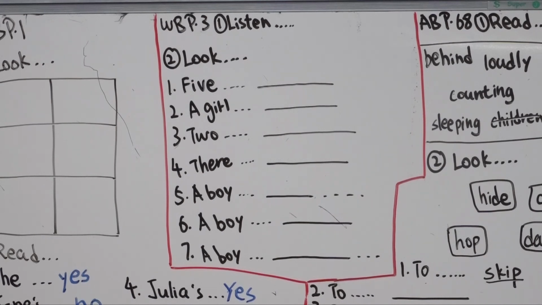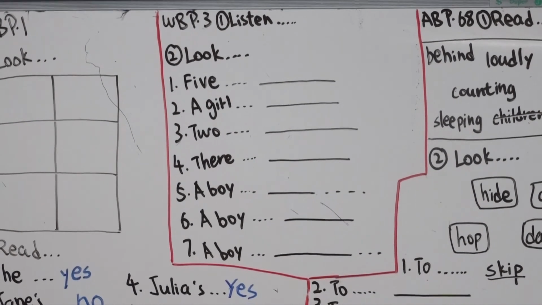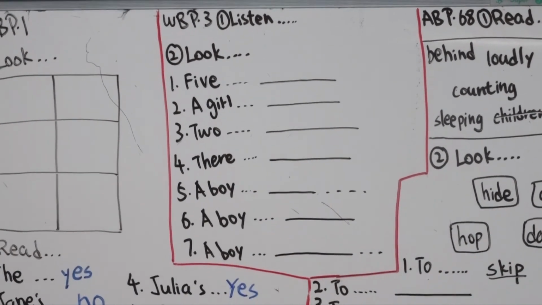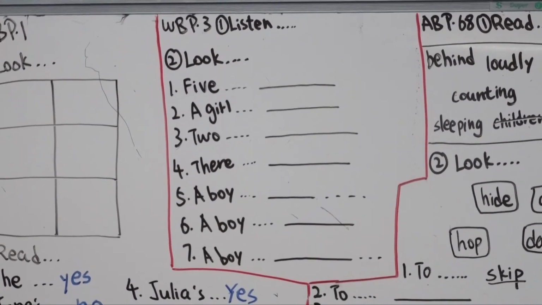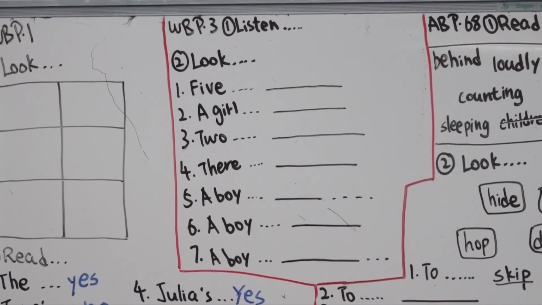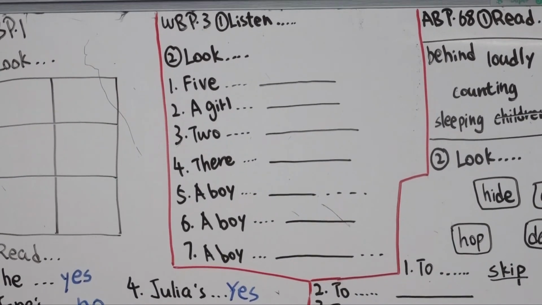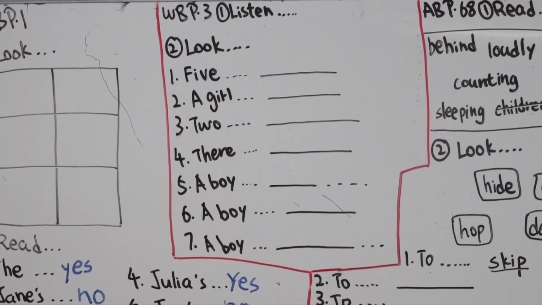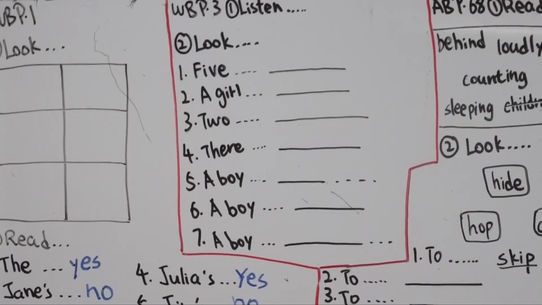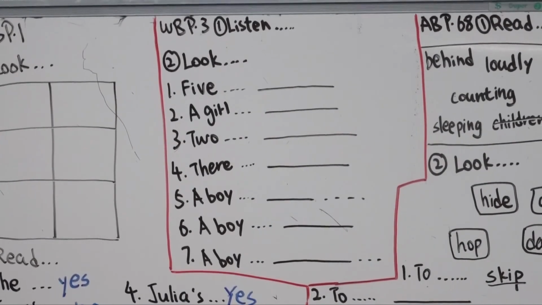How many children are eating their lunch? 4. No, 5. And can you see a boy who's skipping? Yes, 1 boy and 2 girls are skipping. What else can you see? 5 children are playing football in the field.